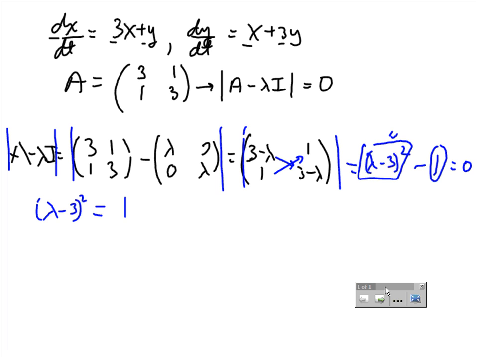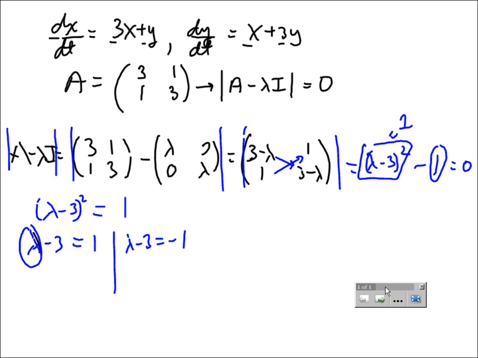Because this has to be 1, because 1 minus 1 is 0. Okay, what do you square to get 1? Answer is plus or minus 1. Lambda minus 3 is either 1 or lambda minus 3 is negative 1.